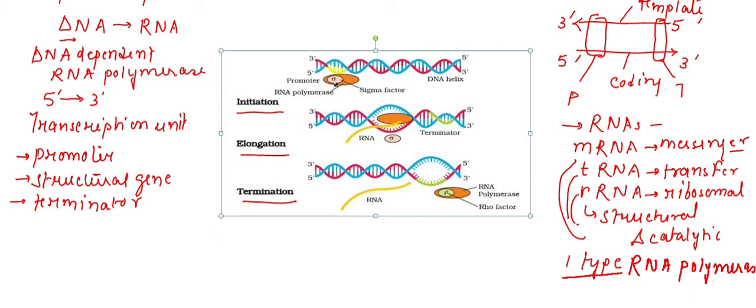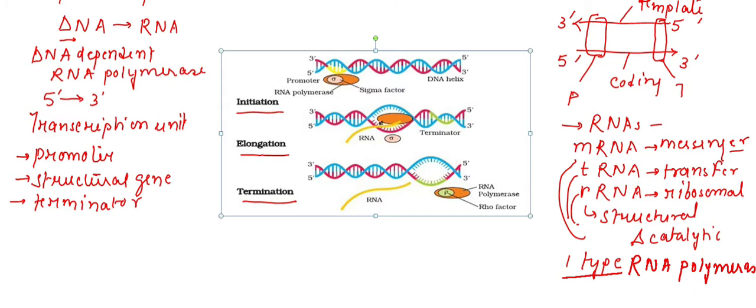The RNA polymerase binds with the promoter region, and when it binds with the promoter region, the unwinding of the DNA molecule takes place. After that, the polymerization starts. You can see the stretch of RNA, because the nucleotides started adding, and the strand is added with the RNA polymerase enzyme during the course of elongation.